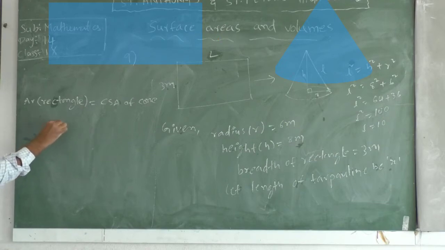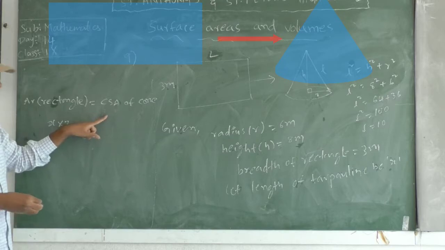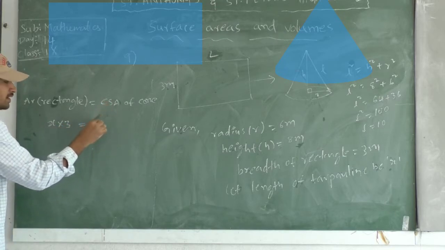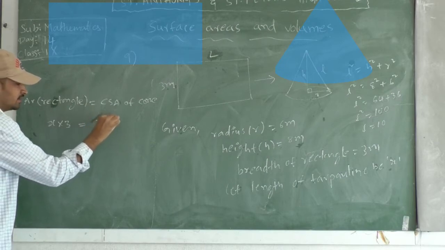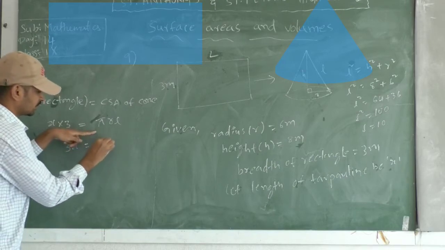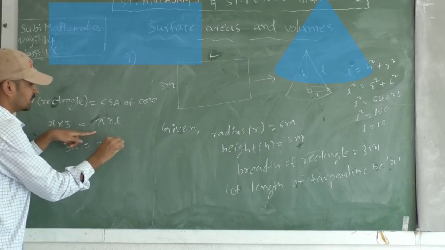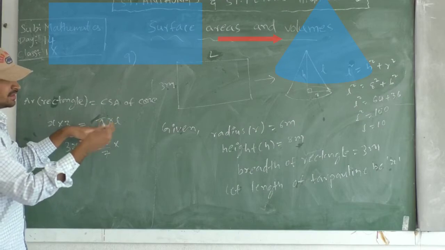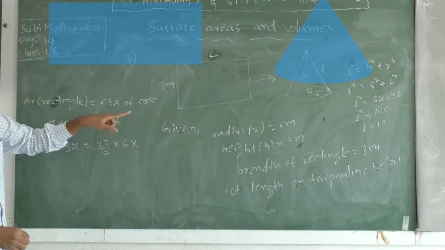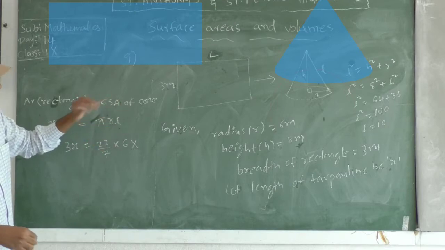So x into 3 equals CSA of cone, that is pi r L. So 3x equals pi, that is 22 by 7, into radius 6 meters, into the slant height, which is 10.